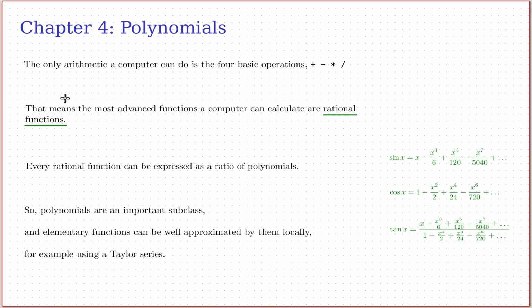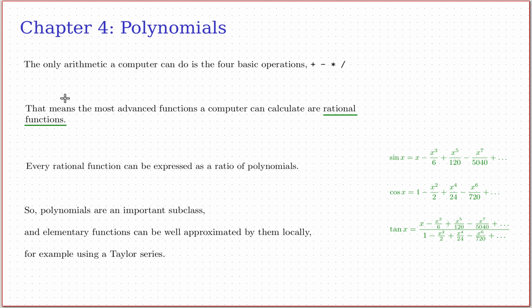Now, just as with numbers, every rational number can be put in the form of a whole number divided by another whole number. Similarly, every rational function can be put in the form of a polynomial, in other words, using the four operations but really without division, divided by another polynomial.